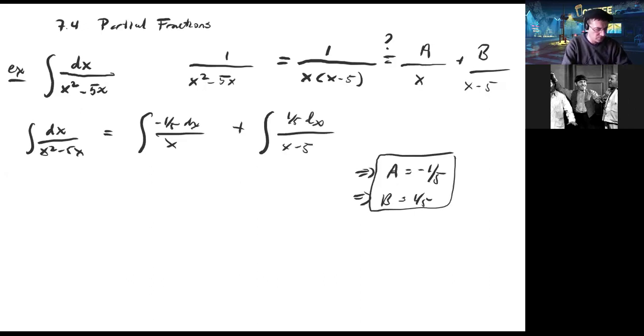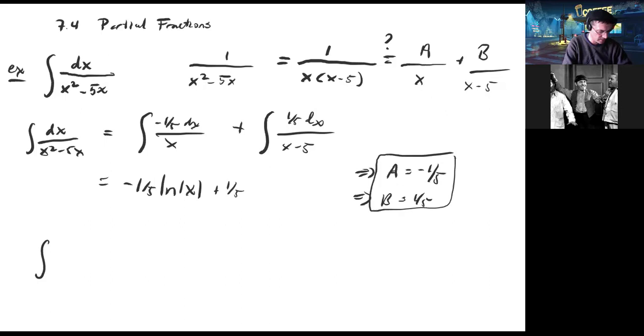Okay, and so the first integral, we can bring the minus 1/5 out, and we get dx over x. The integral of that is ln absolute value of x, and I'll put the plus c at the very end. And in the other case, we get 1/5 the integral of dx over x minus 5.